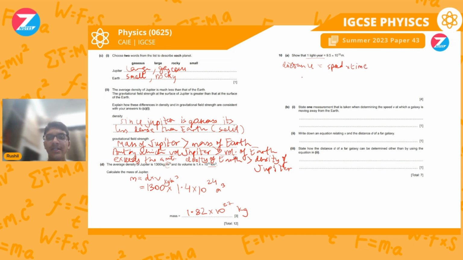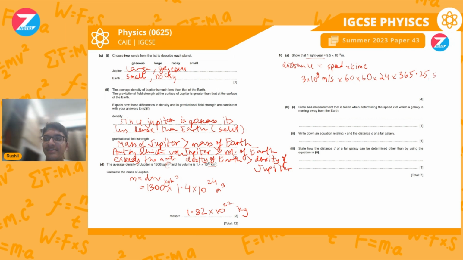So the speed of light, we all know, is 3 into 10 to the power 8 meters per second, into the time. We're basically calculating the time of 1 year in seconds, which is 60 seconds per minute, into 60 minutes per hour, into 24 hours per day, into 365.25 days in a year.